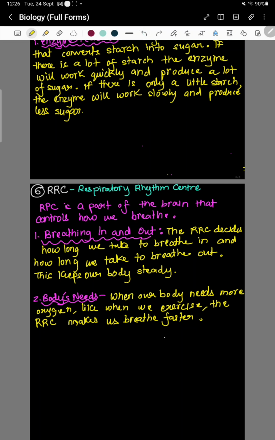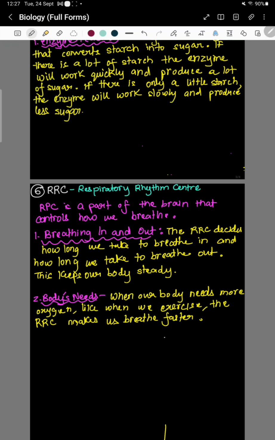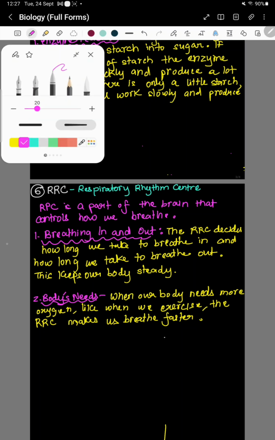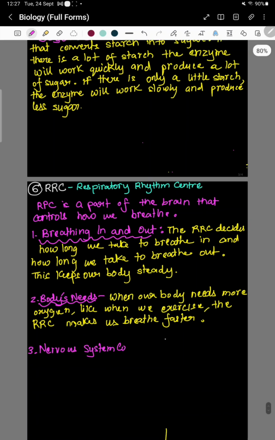Next, the third and last point, nervous system control.